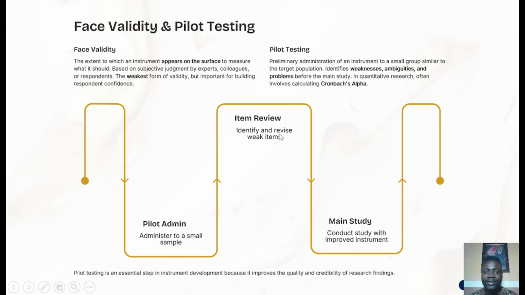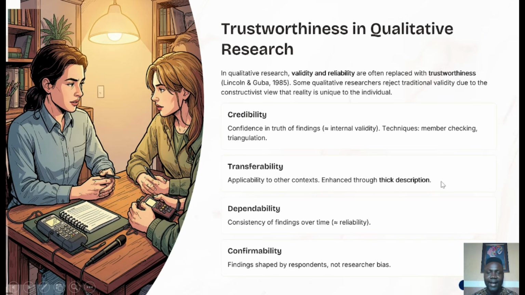You revise the weak items, and after you do the item review and revise the weak items, you can do face validity again. In the pilot testing, you will know the weaknesses, the ambiguities, the problems, and the values. Then you will now do the main study after you have cleaned it up to make it better.